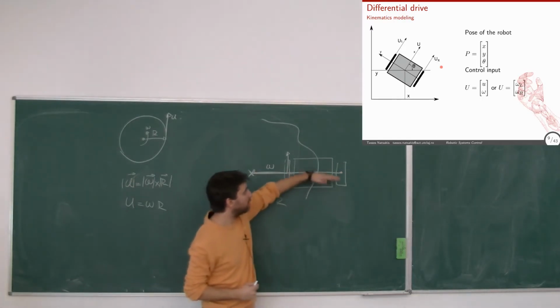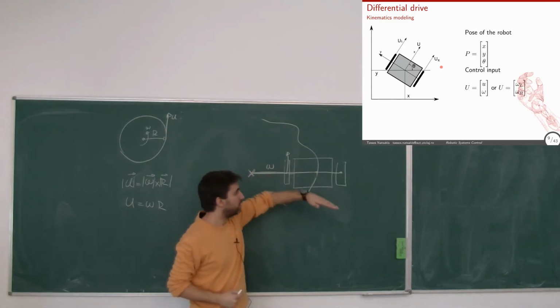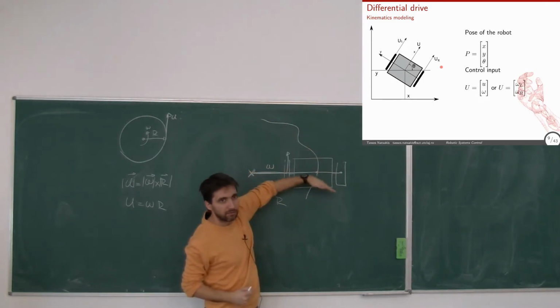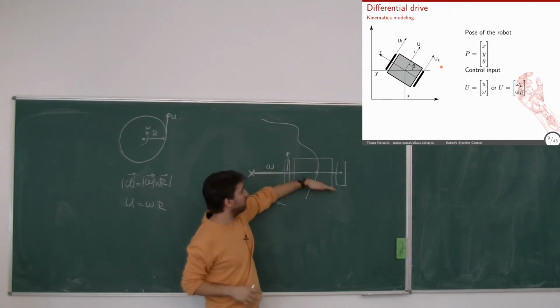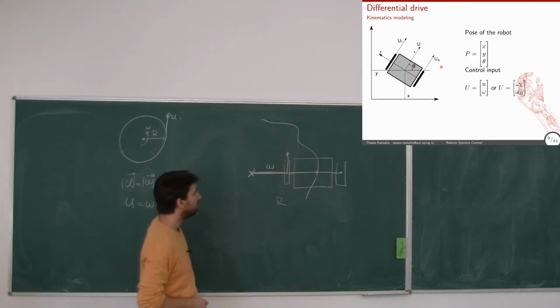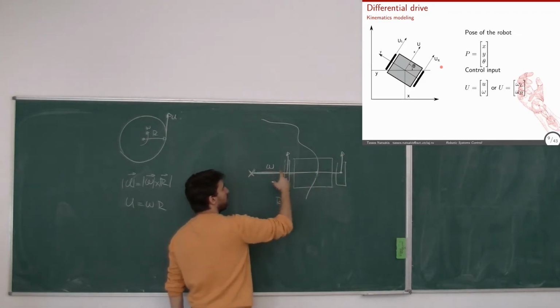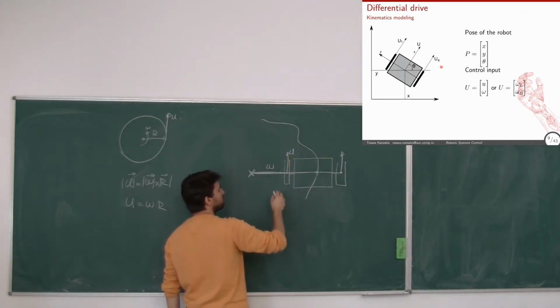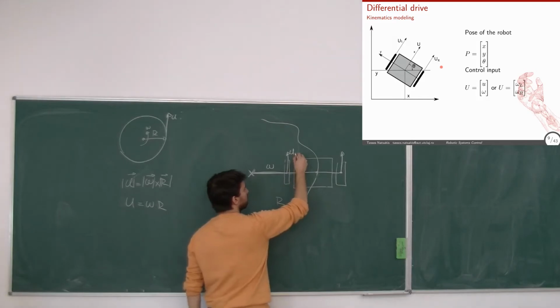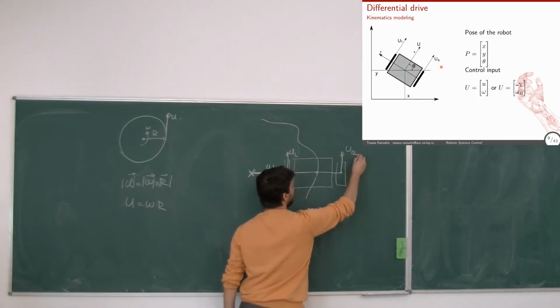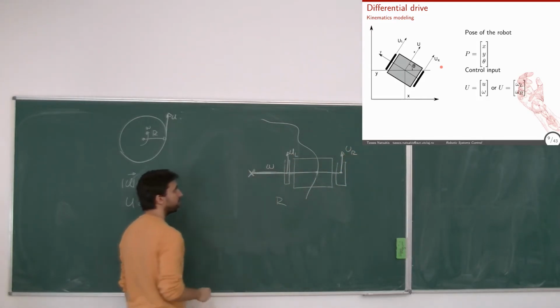Okay, so I want the angular velocity to be the same, right? So that it rotates beautifully. I don't know how to explain that. So, if I want this omega to be the same, what is the relationship between this u left and this u right with this omega?